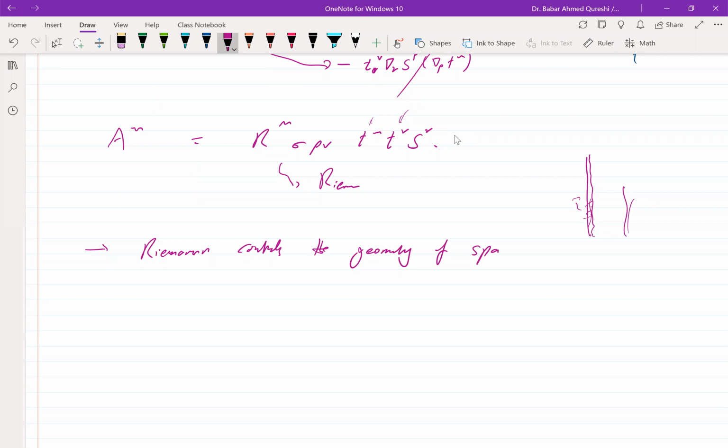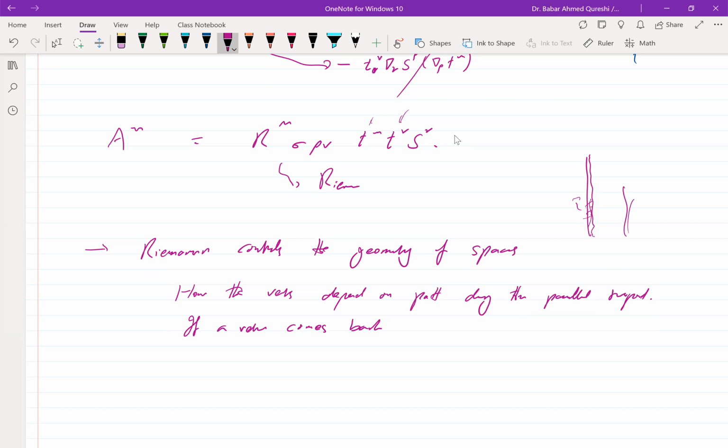Two things we have seen: how the vectors depend on path during their parallel transport. So this is related to whether a vector comes back to itself after a detour. We had seen that if we make a sphere, we had computed it the other day, parallelly transport a vector over here, it doesn't come back to itself.